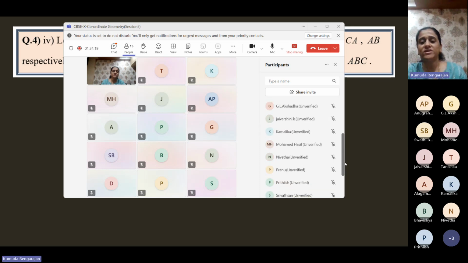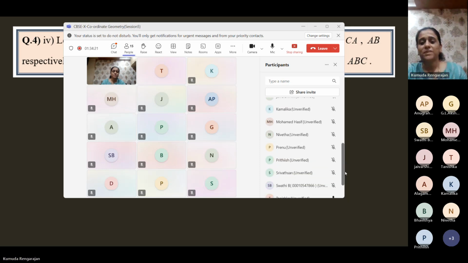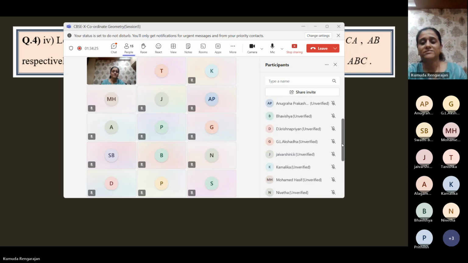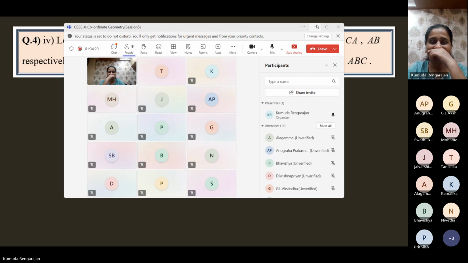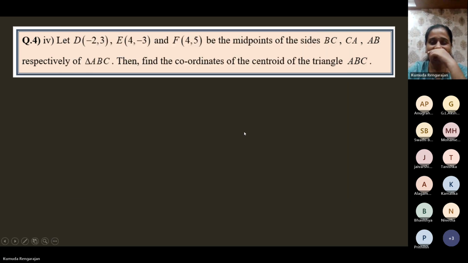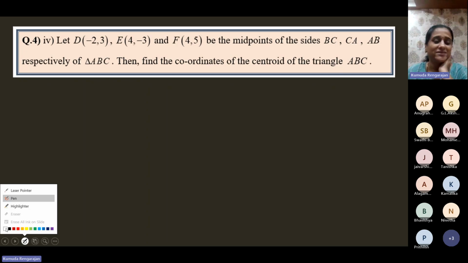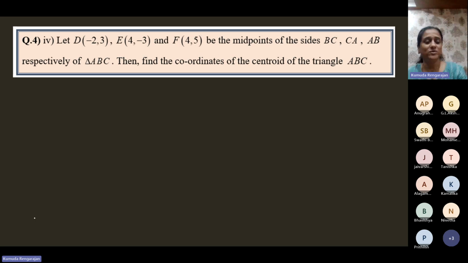What are the coordinates of the centroid? Now, what does the silence mean? I know I have to talk like this for 10 minutes and finally the status will still be the same, nobody's going to open up. So I'll work it for you.